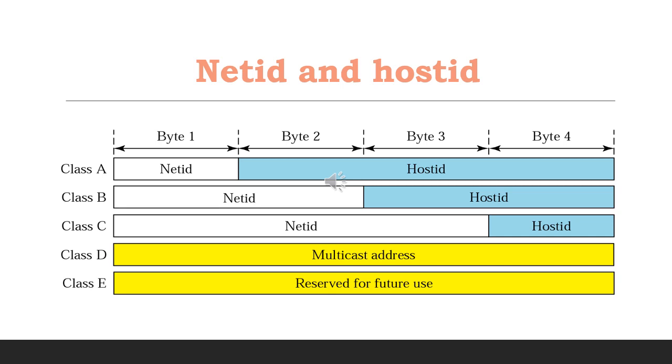In class C, we have 24 for network address and 8 for host bits. Class D is for multicast addresses, and class E is reserved for future use.